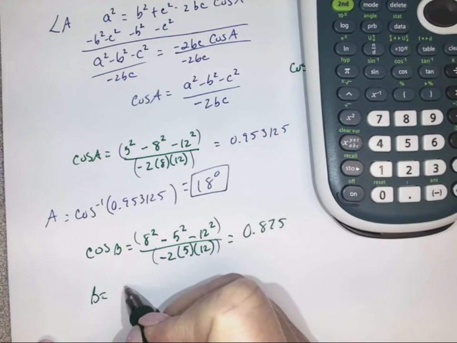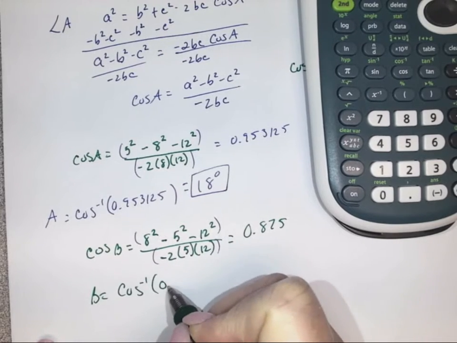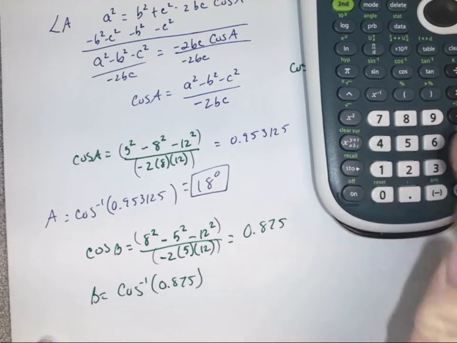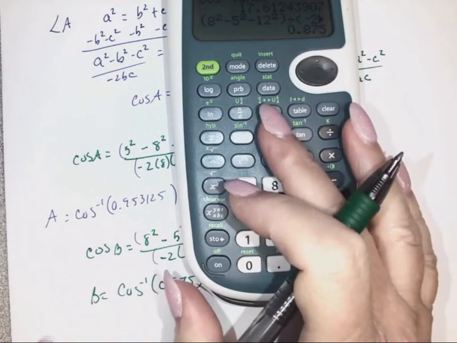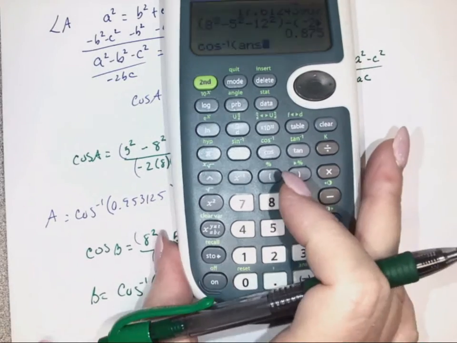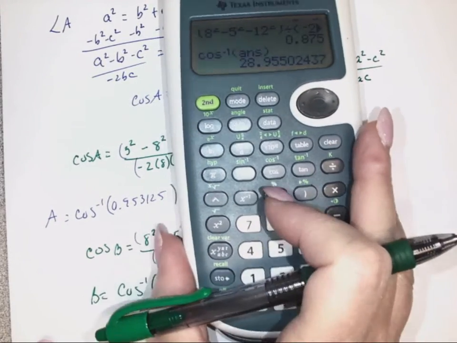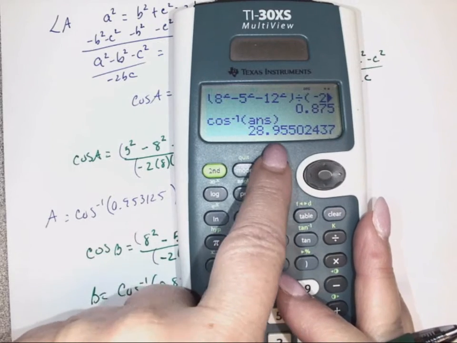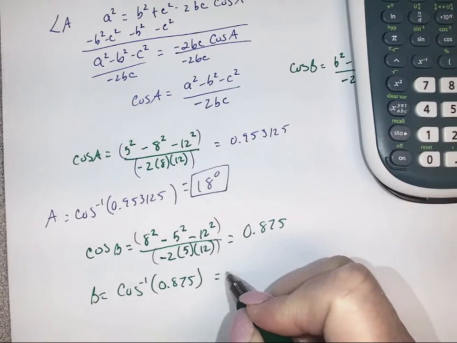So angle B will be equal to the cosine inverse of 0.875. So we'll do second cosine inverse, second answer. So again, we're putting the answer in, and I don't have to type it. And we get 28.95, so we'll go to 29 degrees.